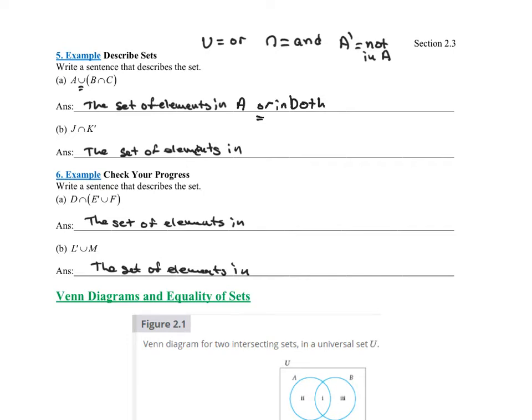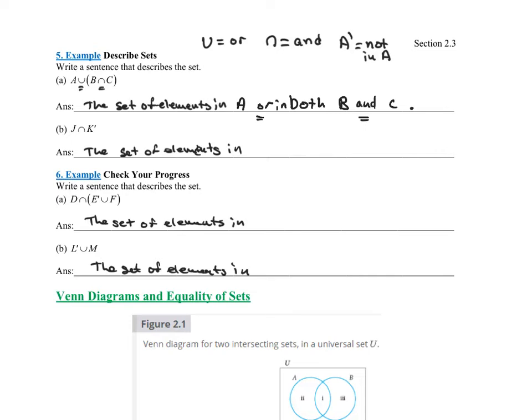So it would be or in both B, and then the intersection is the word and, C. So it's the set of elements in A or, and then you wouldn't just say B and C, it has to be both B and C.